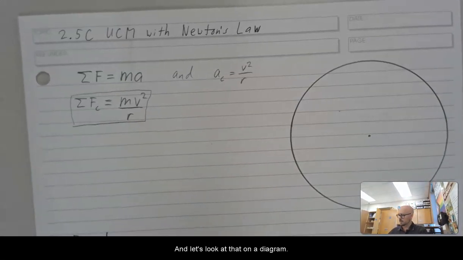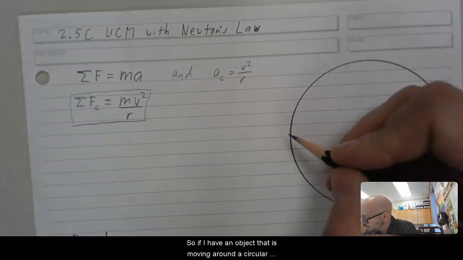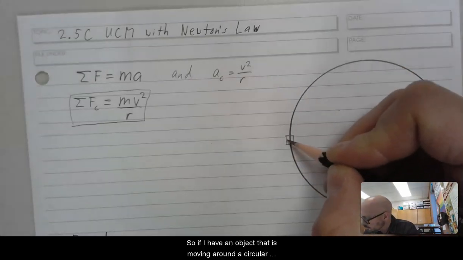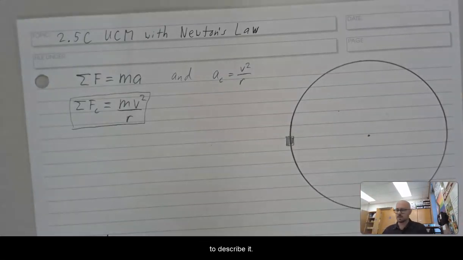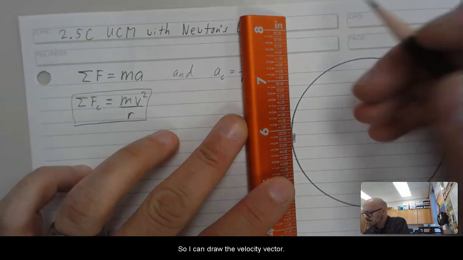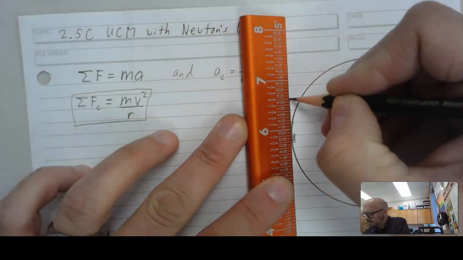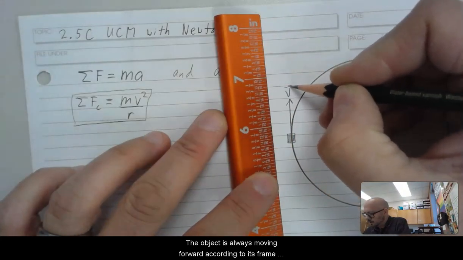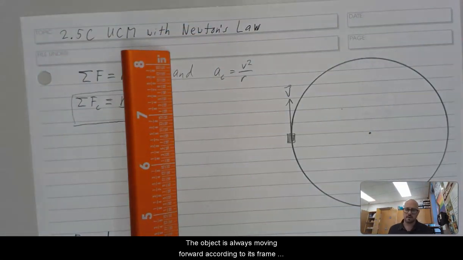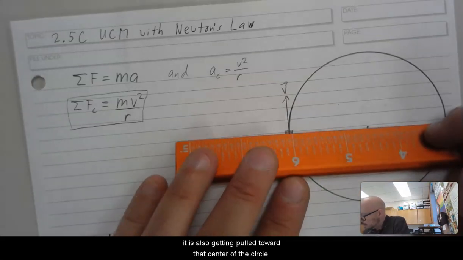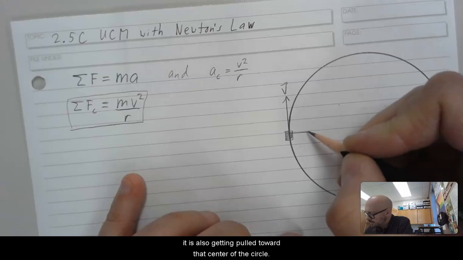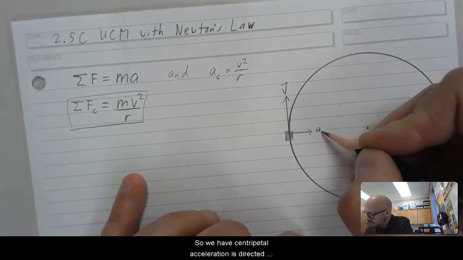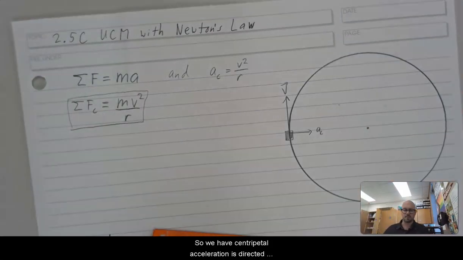And let's look at that on a diagram. If I have an object that is moving around a circular path, I can now draw three vectors to describe it. I can draw the velocity vector. The object is always moving forward according to its frame of reference, but at the same time, it is also getting pulled toward the center of the circle. So we have centripetal acceleration directed toward the center.